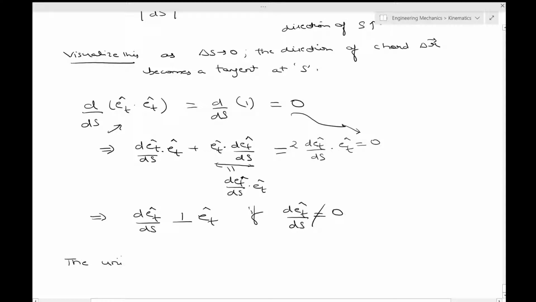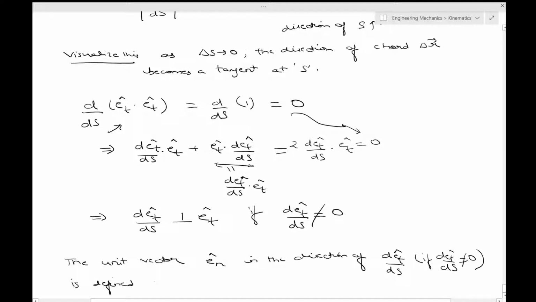The unit vector En in the direction of det by ds, if det by ds is not equal to 0, is defined as the principal normal vector of the curve.